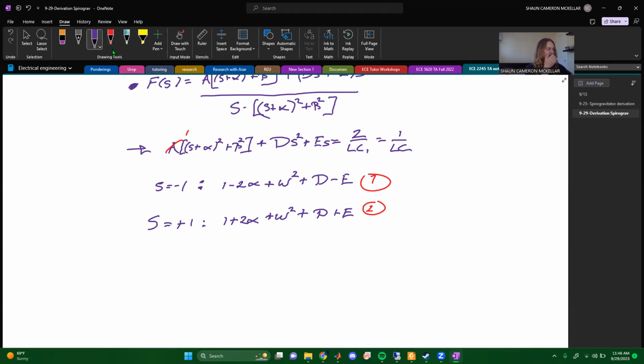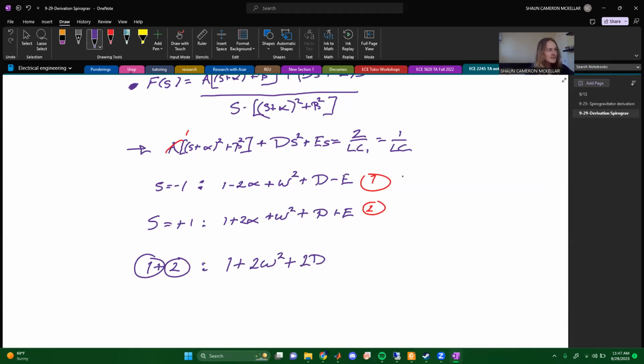All right. Now, of course, you've seen this before, but if we add these equations together, I can see that my two alphas are going to cancel out, so I'll have 1 plus 2 omega squared plus 2D, and my E's will cancel out.